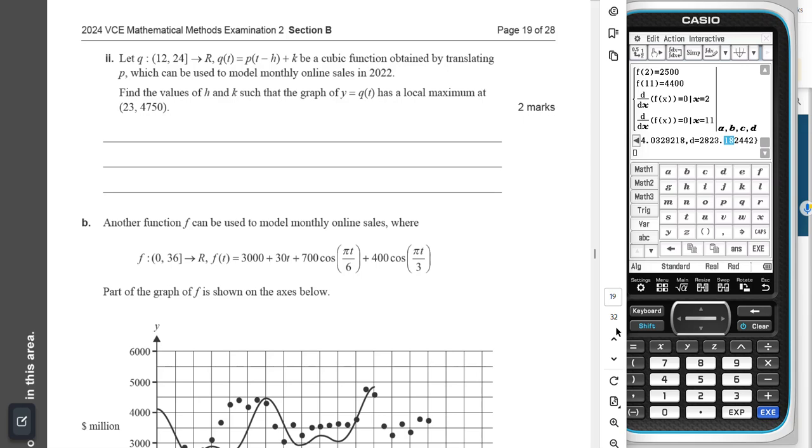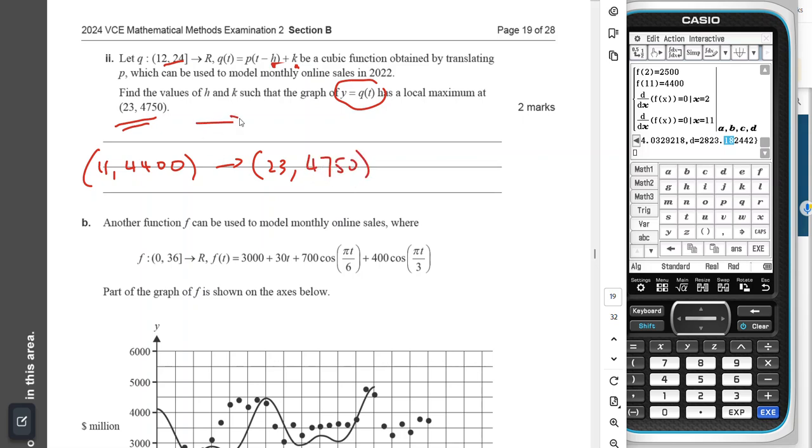Let Q be from that to that. So we're moving to the right H and up K. The graph Q has a local maximum at this. Okay, so Q at the moment has a local maximum at 11 and 4400 from the previous page, and we want to make that equal 23 and 4750.